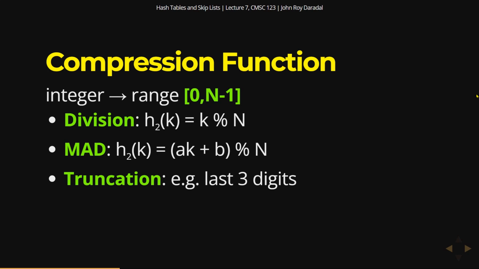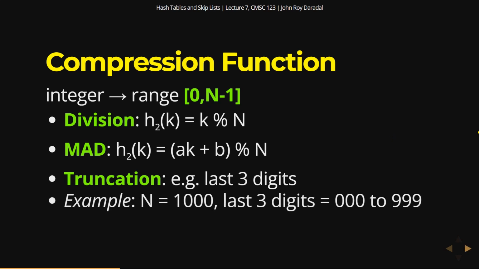And then you can also do truncation. Like maybe if it's a long number like the memory address, maybe you can just use the last 3 digits, something like that. So for example, if your array is of size 1000, and you use the last 3 digits, then your possible values are from 000 to 999, which turn out to be the indices of your array of size 1000, right, from 0 to 999.